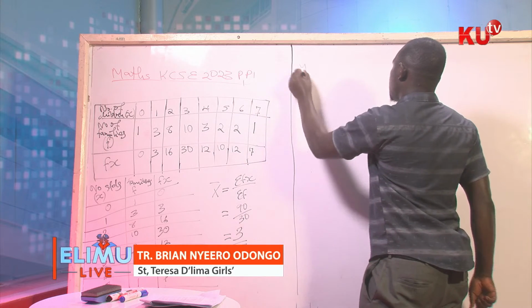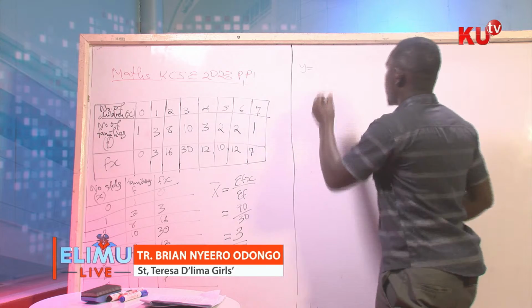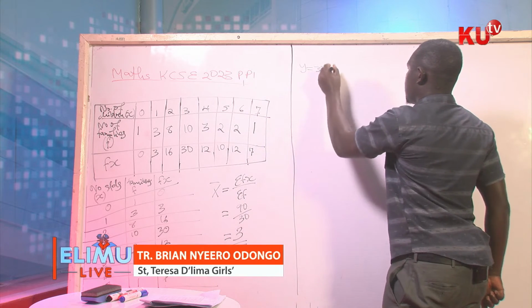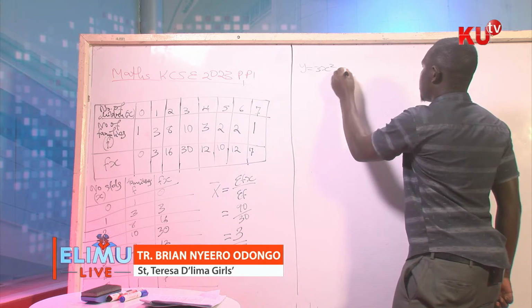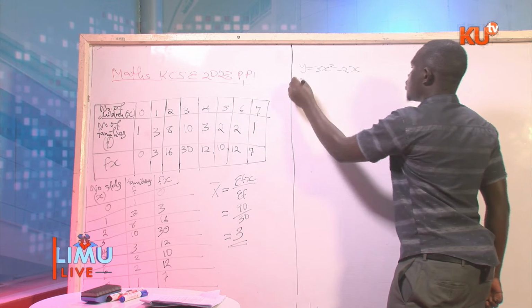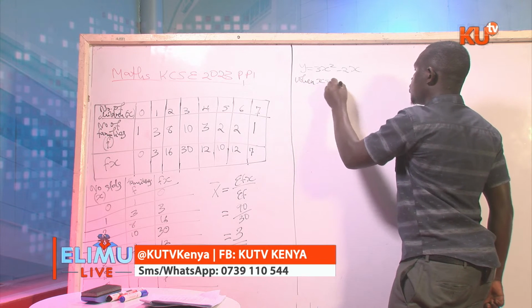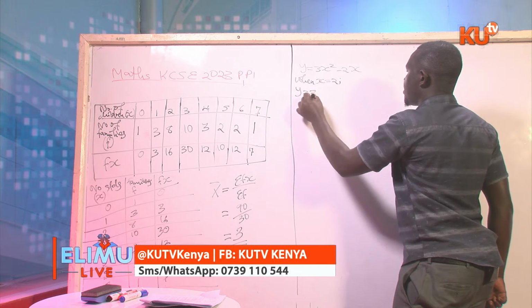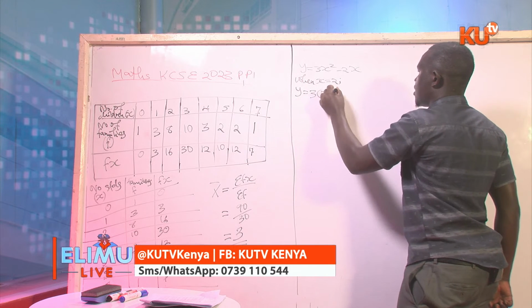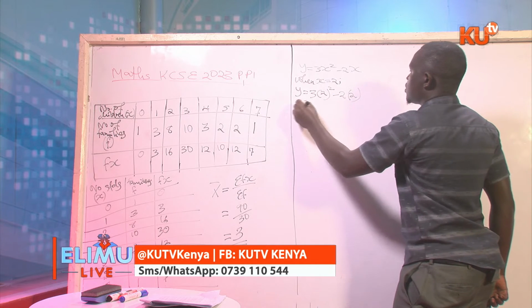So remember that the equation of the curve is y equals to 3x squared minus 2x. So, when x equals to 2, therefore it means y should be equals to 3 into 2 squared minus 2 into 2.